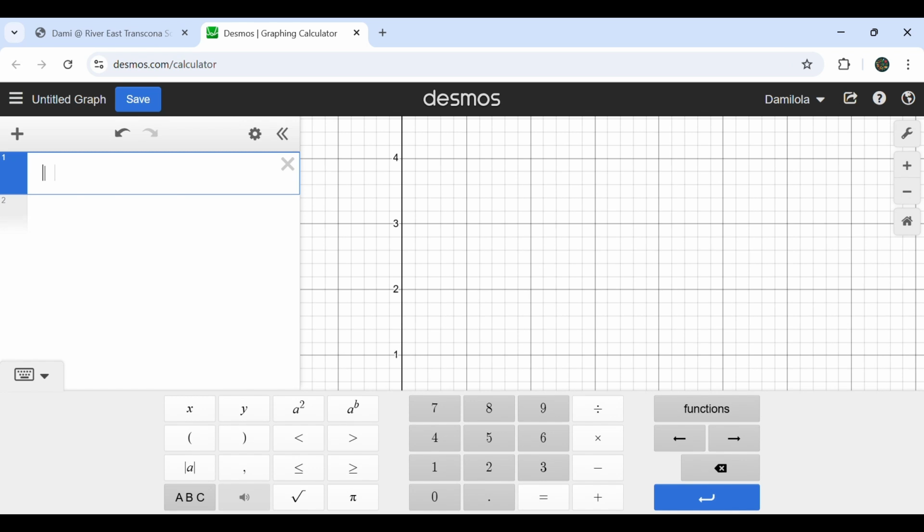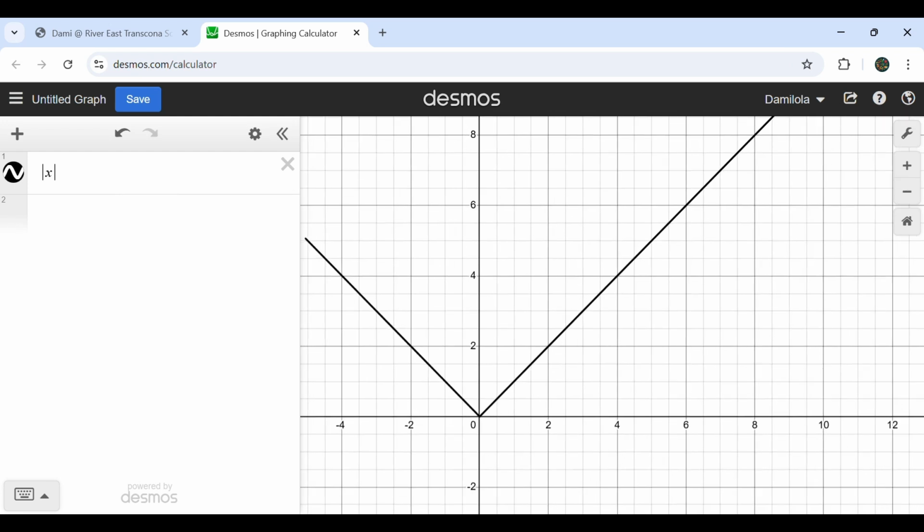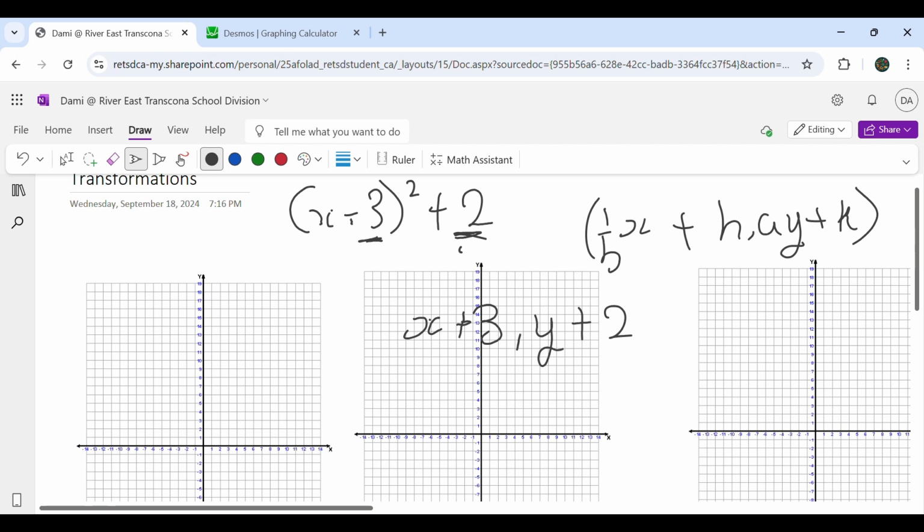Another one is we're going to look at an absolute value graph. This is a normal absolute value graph, exactly like a quadratic, except it's a V-shaped graph. And negative 2 times the absolute value of x. We know immediately that it is going to reflect because of the negative.